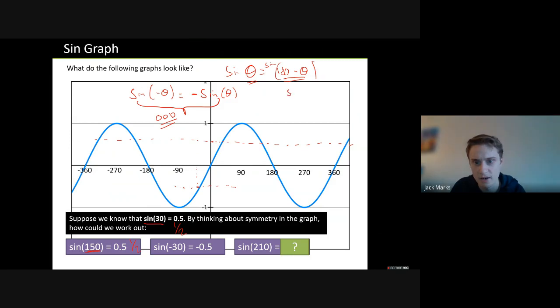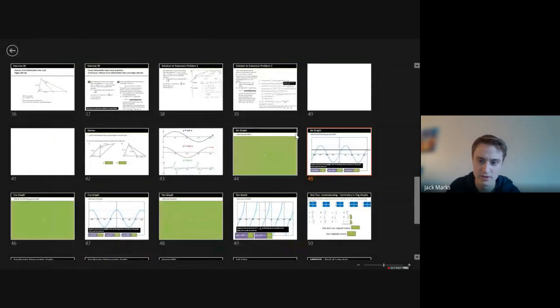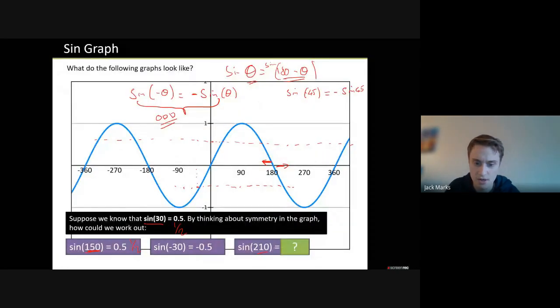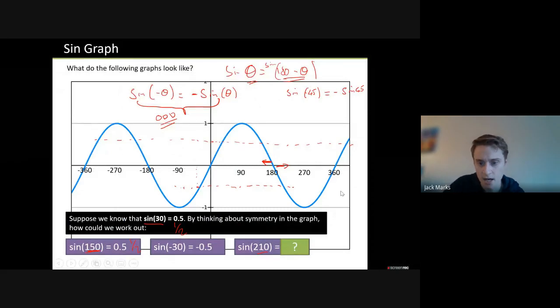So if you wanted to find sine of -45, for example, you could just do sine of 45 and make it negative. Okay, finally, sine of 210. So 210 is 30 onwards from 180. 30 less than 180 was the 150, and 30 onwards is 210. And it probably won't come as a surprise to you that that will give you -1/2.